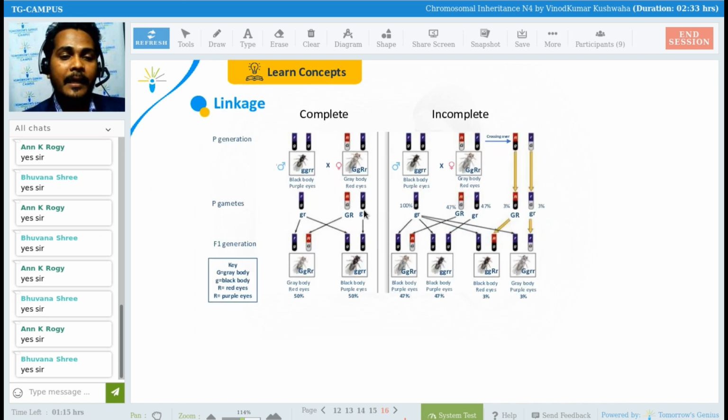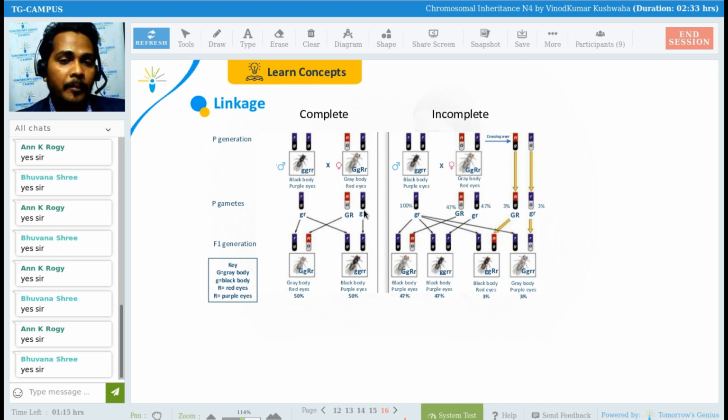Now there are various types of linkage, but we have to learn about two types of linkage: complete linkage and incomplete linkage. Now what is complete linkage and incomplete linkage?